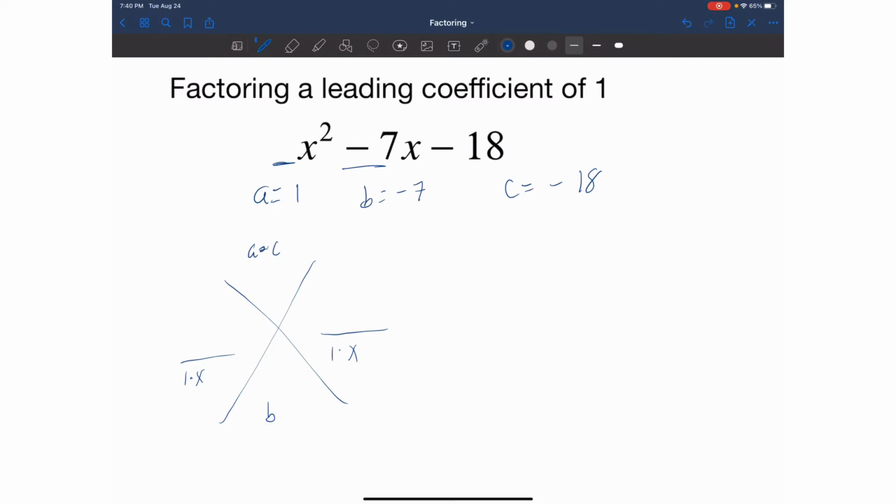Again, I'm going to find the factors of -18, and I want to find the numbers that add up to B, which is -7. So that's never going to change.